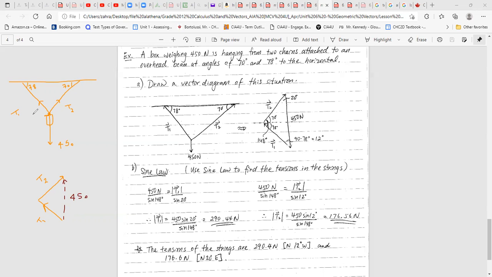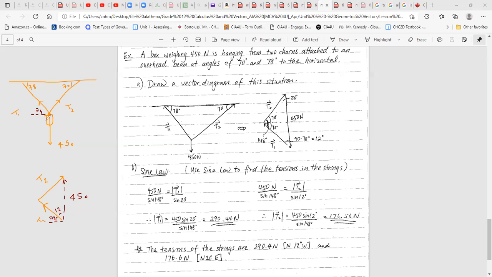Knowing this is 78, by Z pattern, this is 78. Means here we have 78. Therefore, this is 90, so 90 minus 78 gives you 12 degrees here.